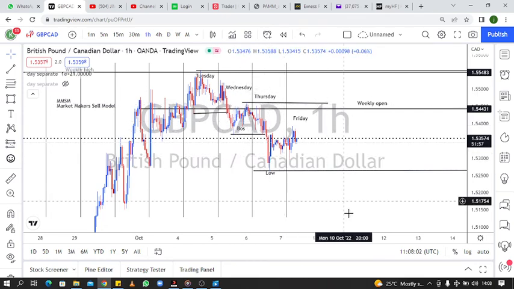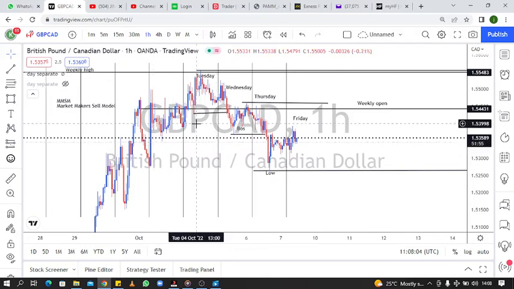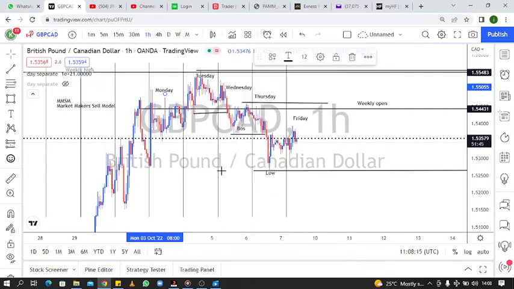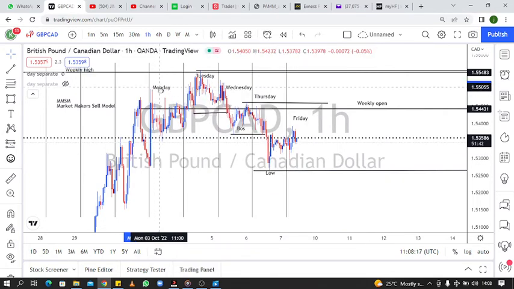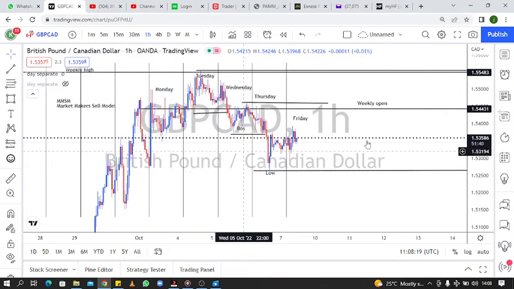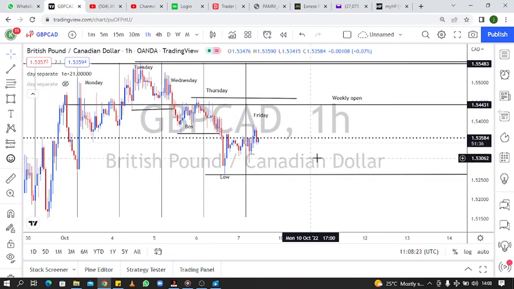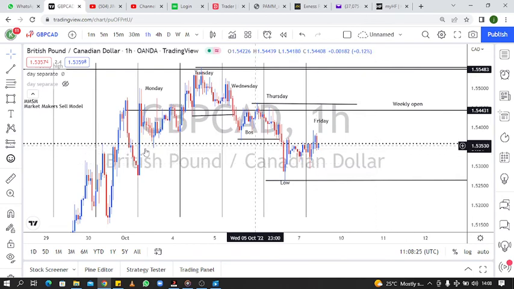So we are continuing on a sell model. Then Monday is the day that we don't trade. We only observe what is happening on the market. So Monday we did not trade because the market did not give us the direction, or it didn't form the high of the week. So this is a brief example of how a weekly candle forms.